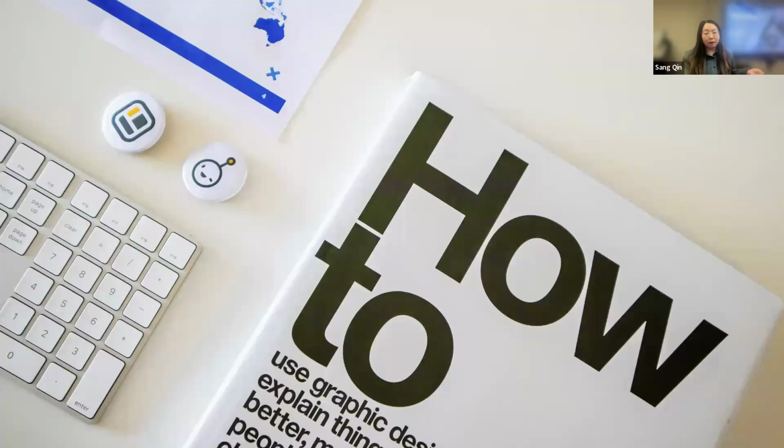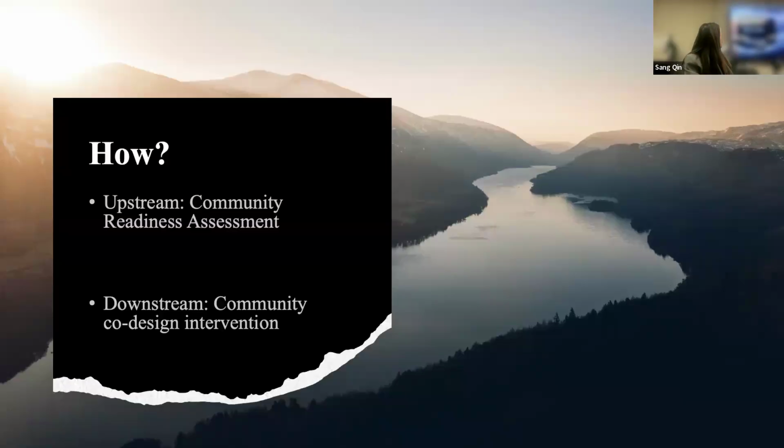So we learned about defining our communities. We learned about building the capacities to do such work. But then how do we do that? Today I'm specifically talking about 2 types of methods or approaches for community engaged work. That's my current ongoing projects.